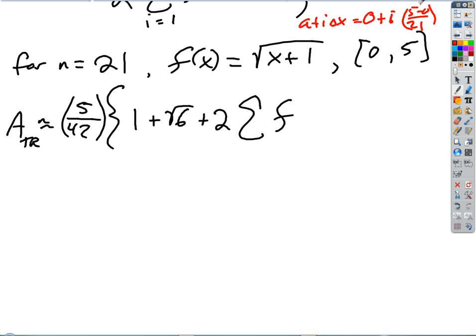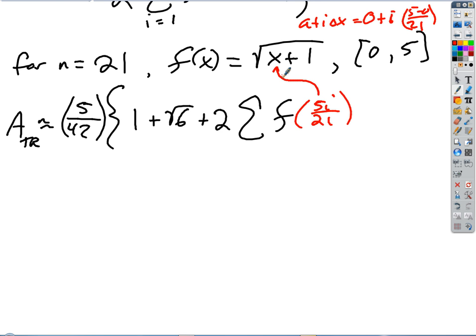So I'm evaluating the function at 5i over 21, so what's that mean I'm going to do? It's going to look kind of awkward, but isn't that what just goes in there? F of x is the square root of x plus 1. F of junk is the square root of junk plus 1. Does that make sense?